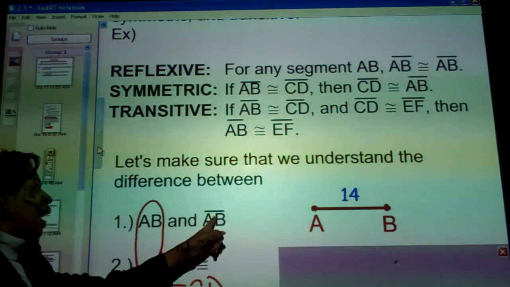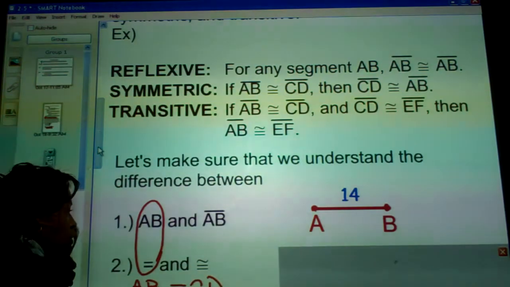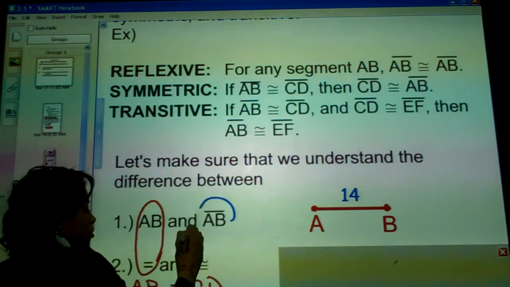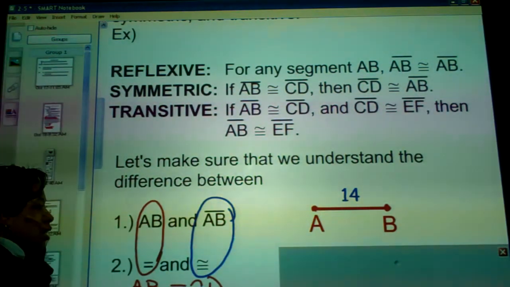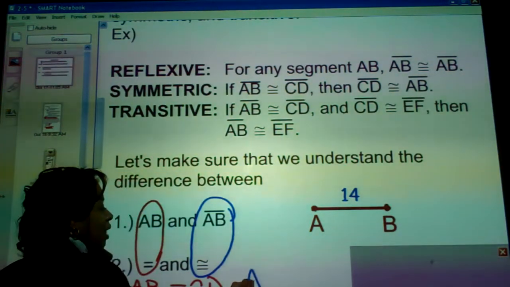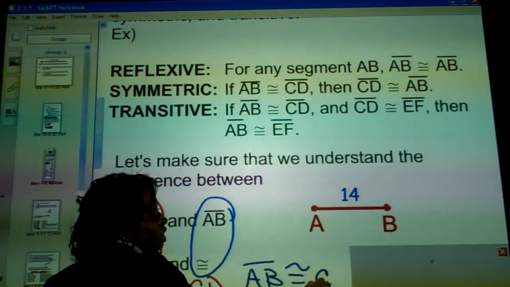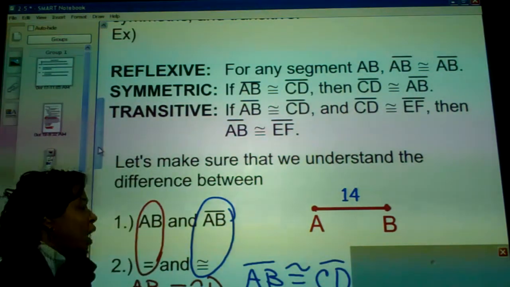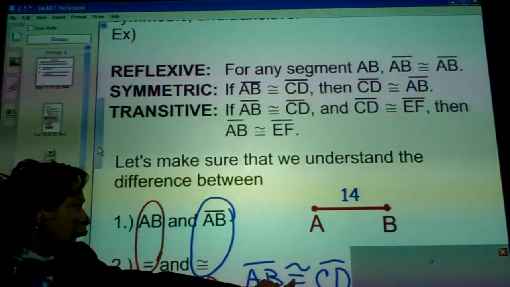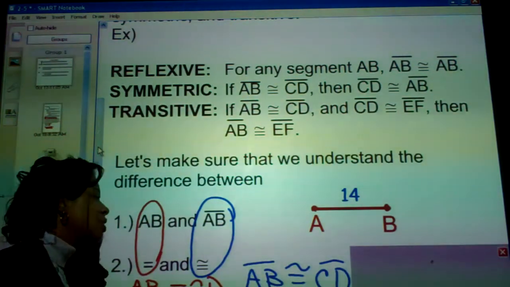Now if I write AB with a hat and congruent, like so here, and I say line segment AB is congruent to CD, for example. When I use the hat and at the same time use the congruent, that's very different.